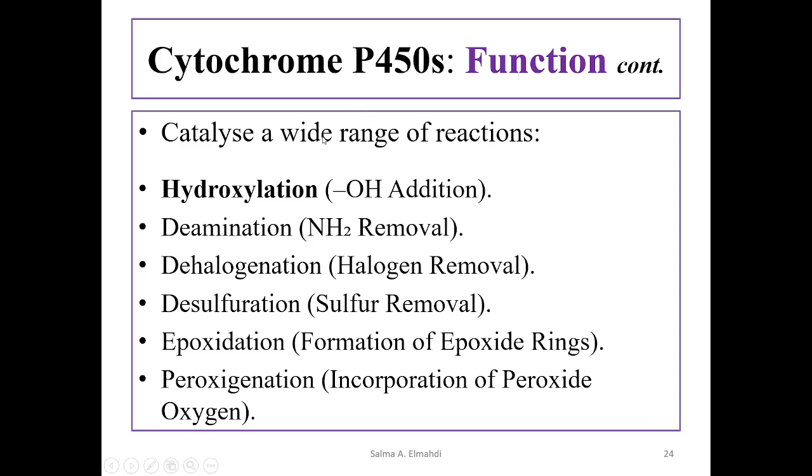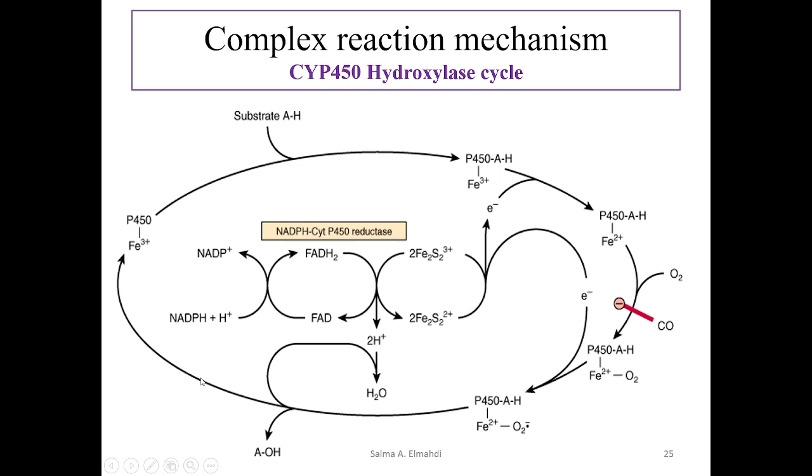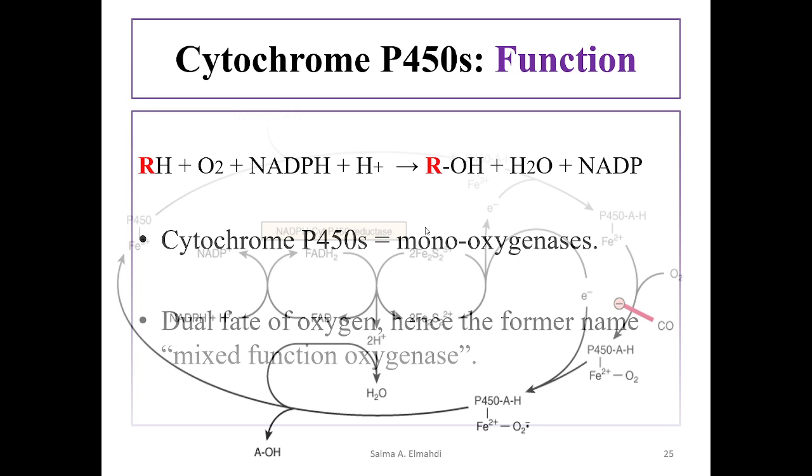Cytochrome P450 catalyzes a wide range of reactions, including hydroxylation, which is the main type of reaction, deamination, dehalogenation, desulfation, epoxidation, and peroxidation. And the reaction itself is quite complex. It is called the hydroxylase cycle.